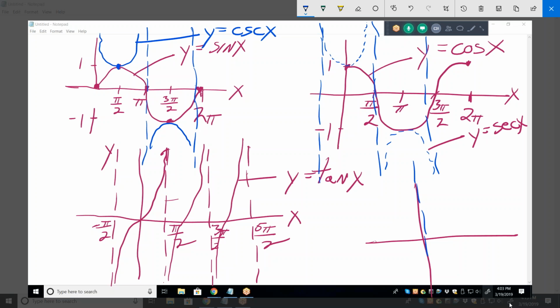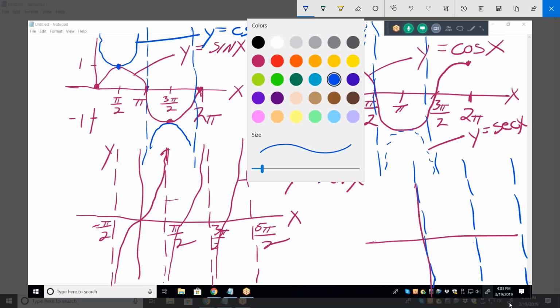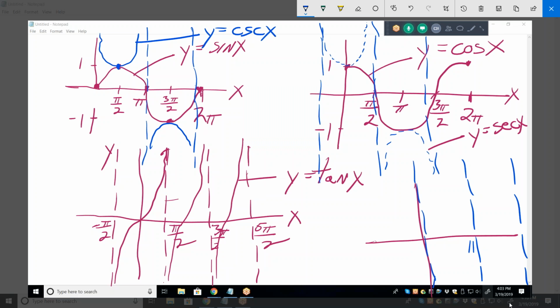So tangent is 0 there, and tangent is 0 at pi, and it's 0 at 2 pi. So that's pi. Hold on. That's 2 pi. And the cotangent curve is kind of, if you took the tangent curve and reflected it over the x-axis, it would look like this, only it's shifted.